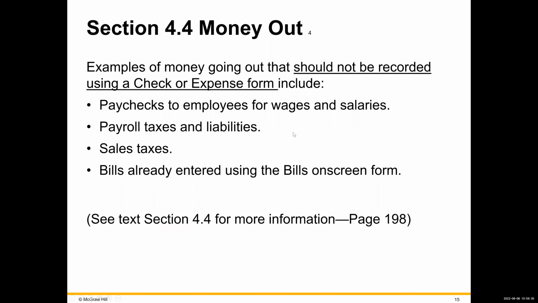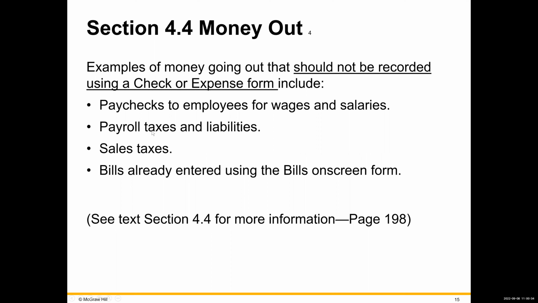Now, there are examples of money going out that should not be recorded using the check or expense form. It would include paychecks to employees, and also payroll taxes and liabilities, like federal income tax, state income tax, Social Security and Medicare.